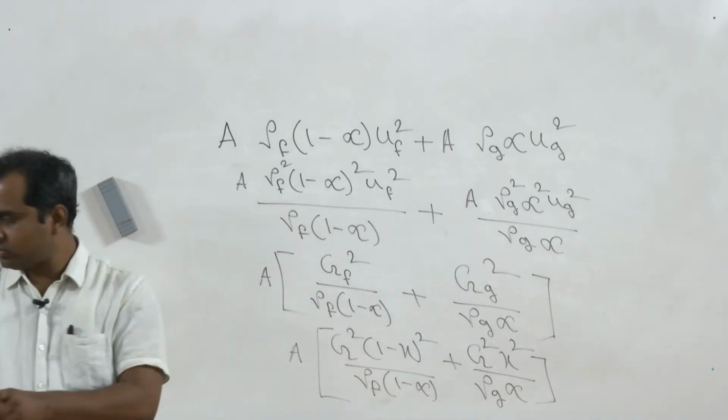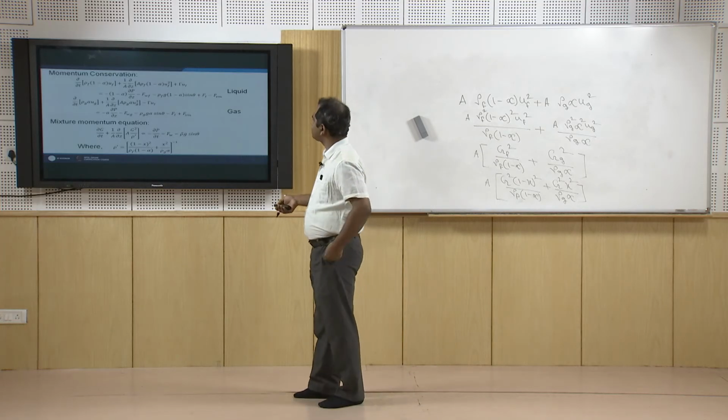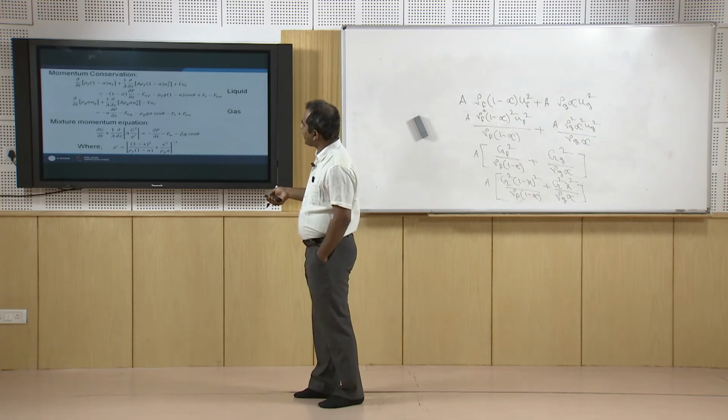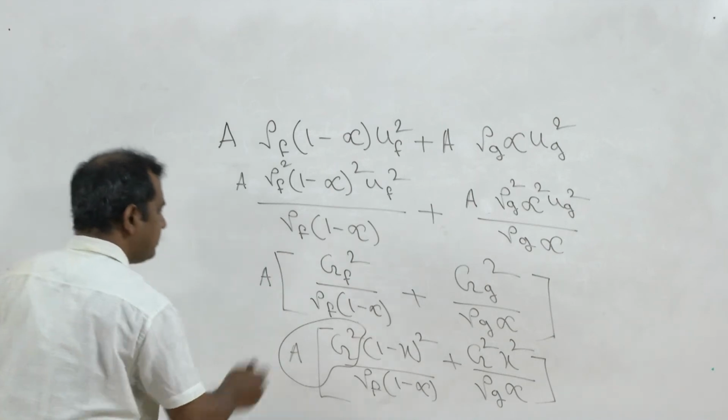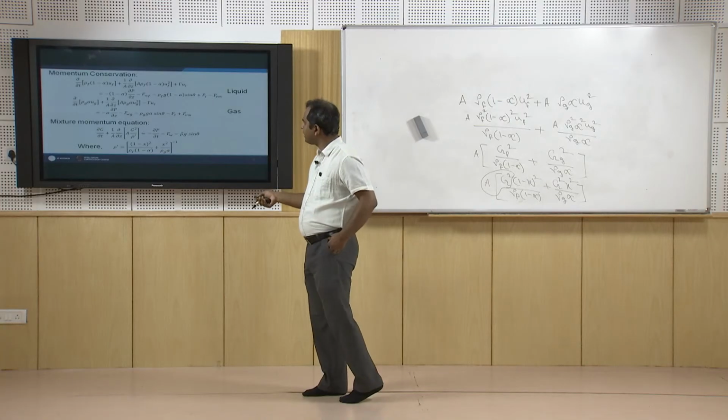So, what we have done over here, you see we have called rho dashed the reciprocal of (1 minus x) whole square by rho F into (1 minus alpha) plus x square divided by rho G into alpha. So, ultimately you will be getting A G square, which is this term, and then divided by rho.